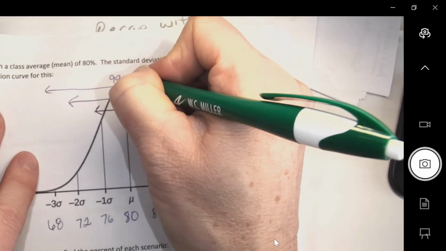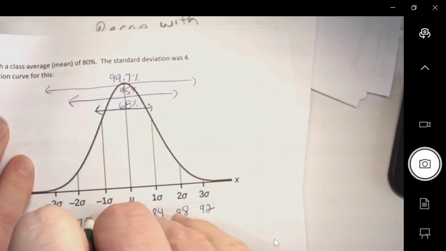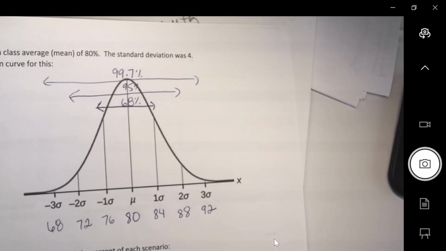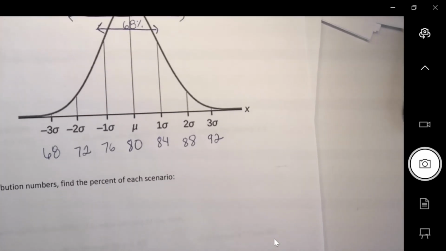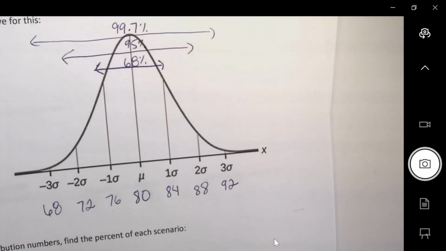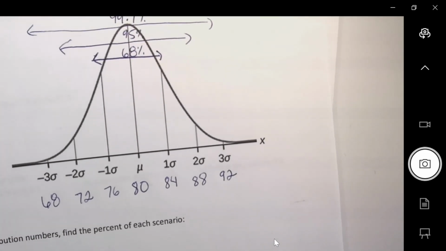And 99.7% of the data is under the 3s. So that being said, we're going to get every little tiny chunk. Using those 3 rules, we can get every little chunk.